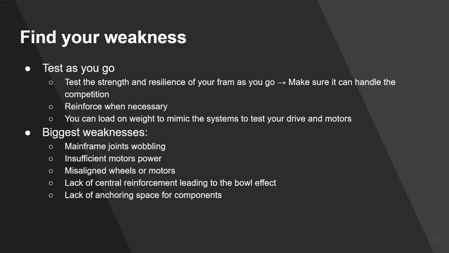And you don't want that, because the more impact it's going to take, especially if your robot is bumping around, if it jumps off of something, whatever the case may be, all of that weight is coming down in the middle, and it could risk breaking your frame, especially lengthwise. So just be careful of that and see if you can add maybe a bar or a joint here or there in the middle to make sure that the bowl effect is not happening and that you have a very leveled robot the way that you intended it to be.